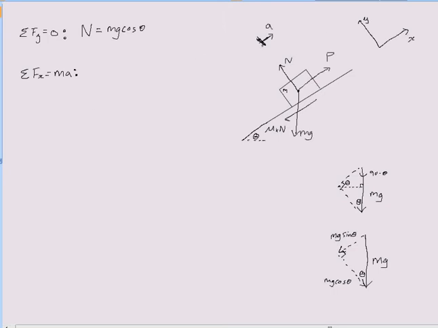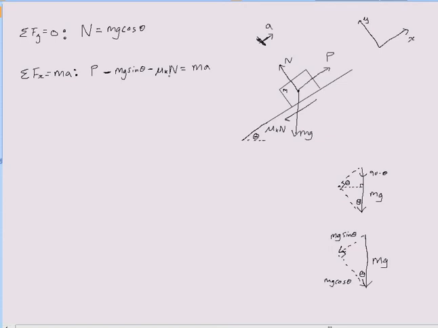And I've already told you to assume that the block's moving to the right, which implies that P minus, and all your terms acting to the left, or, well, down the slope, which is going to be minus mg sine theta, and minus, because mu k N is also acting downward down the slope, minus mu k N is going to be equal to ma.